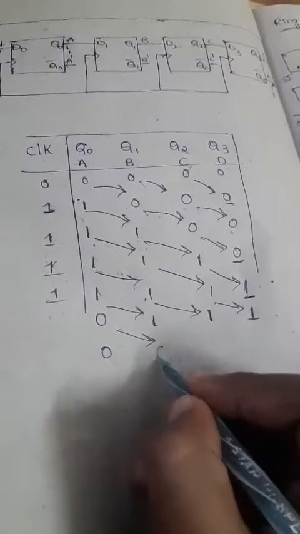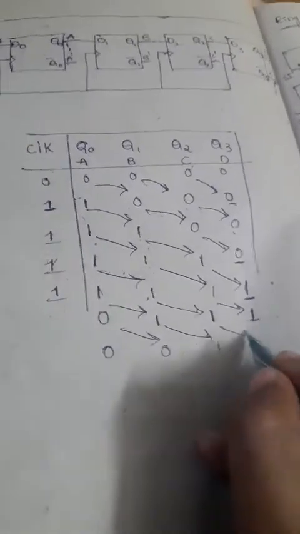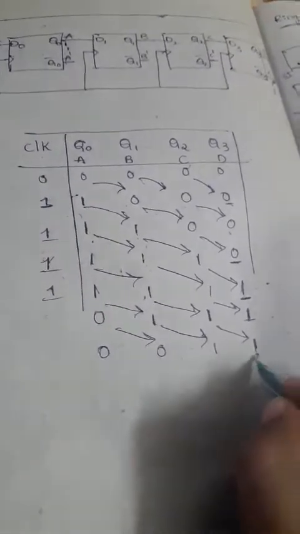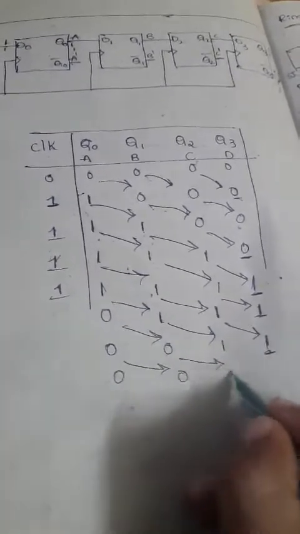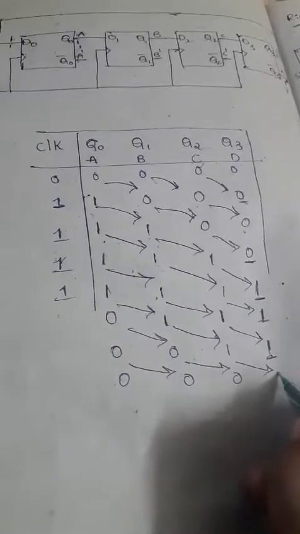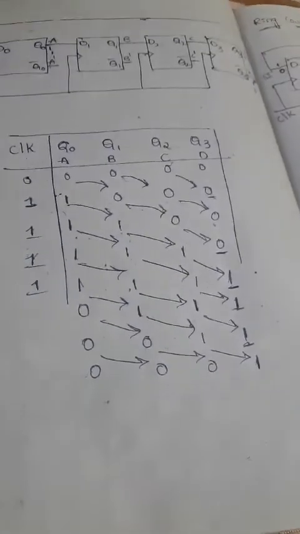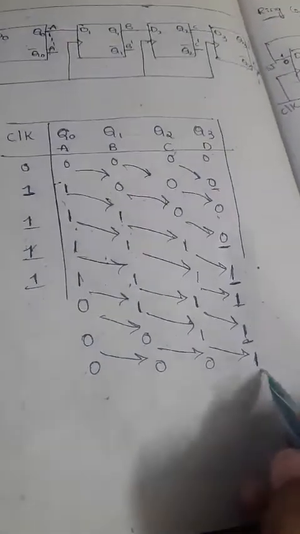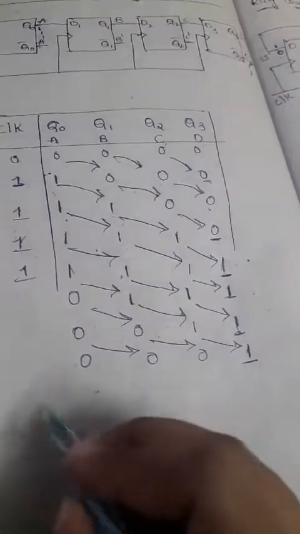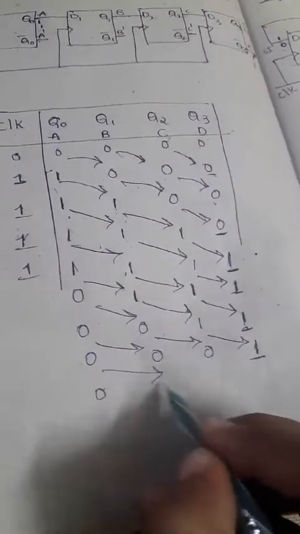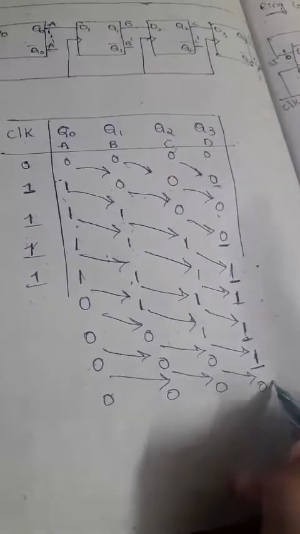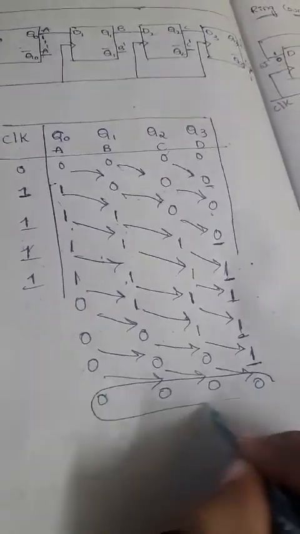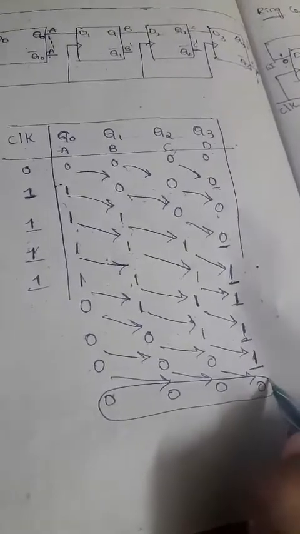So for this 0, for this 1, for this 1. 1 complement means again 0, 0, 0, here 1. Finally this 1 complement is 0. So 0, 0, 0.